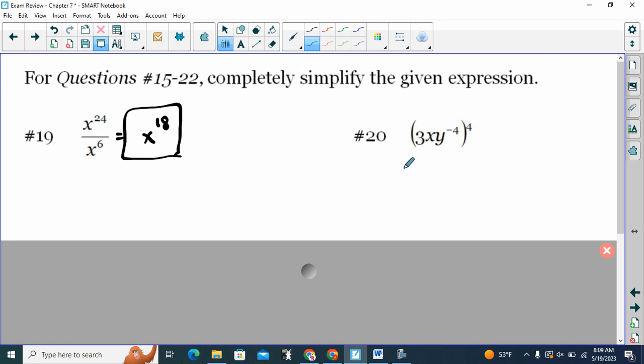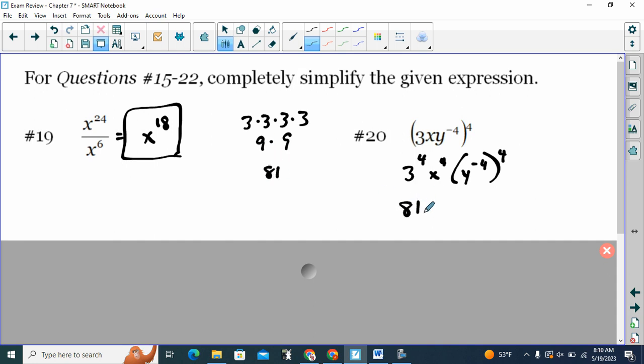I have 3 to the 4th power, x to the 4th power, and y to the negative 4th to the 4th power. 3 to the 4th is 3 times 3 times 3 times 3. 3 times 3 is 9, 3 times 3 is 9, 9 times 9 is 81. X to the 4th just stays as is.